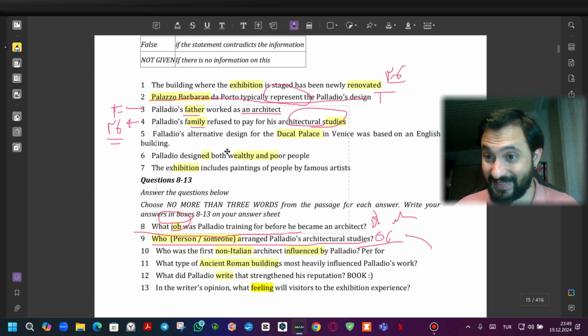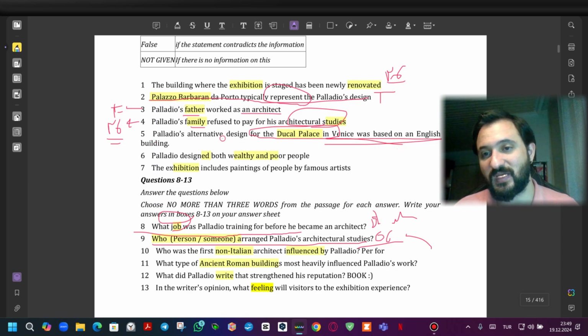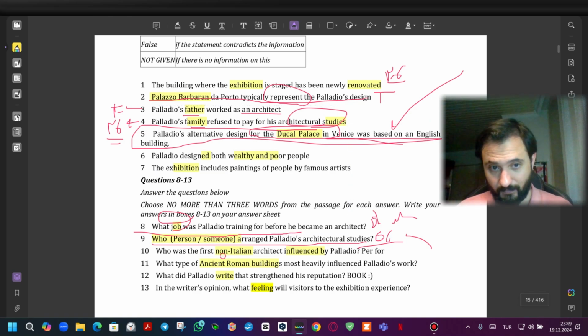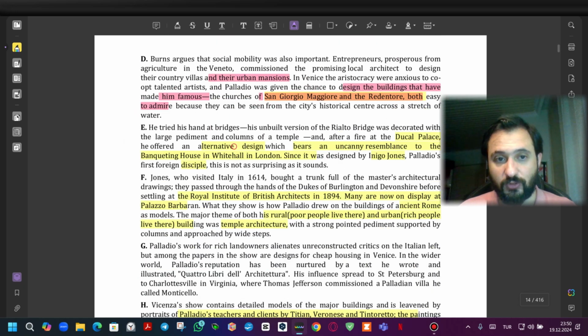As I said to you again, you have to be sure. Palladio's alternative design for the Ducal Palace in Venice was based on English buildings. So you need to find the Ducal Palace and whether it represents English architecture or not. Another one, non-Italian, it is foreign. Let's go.